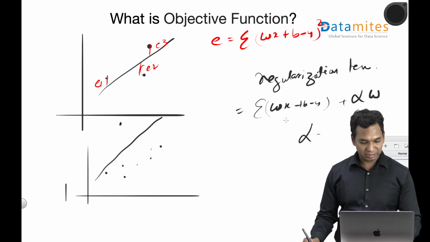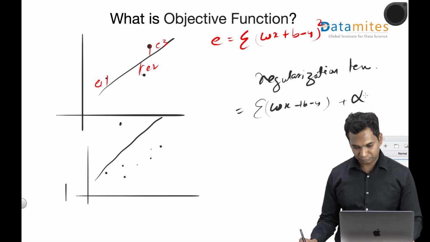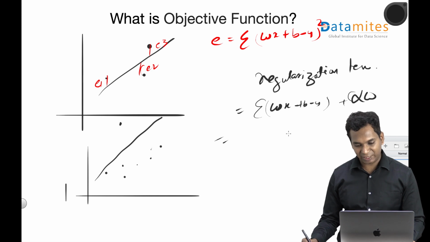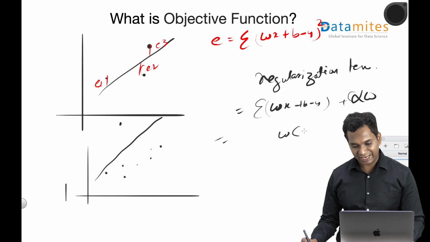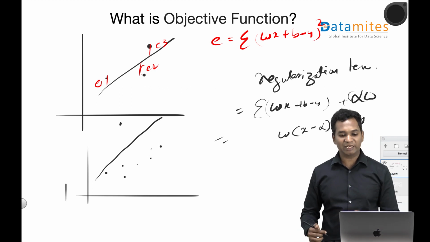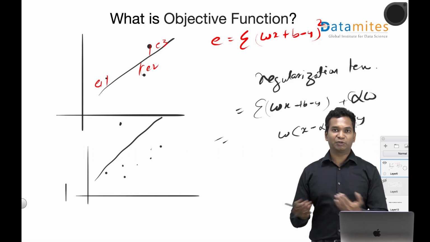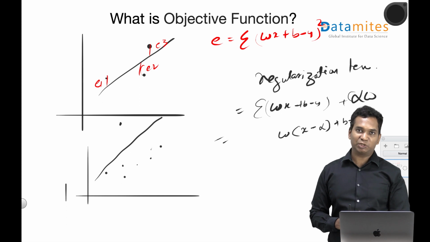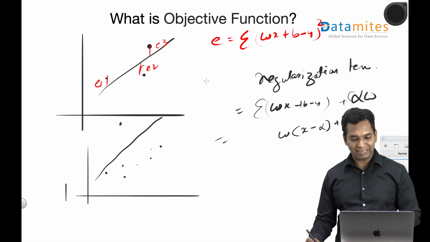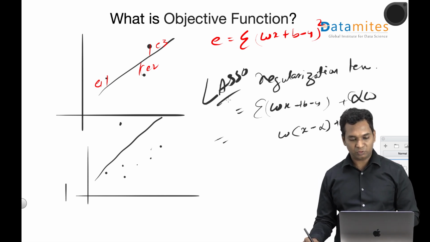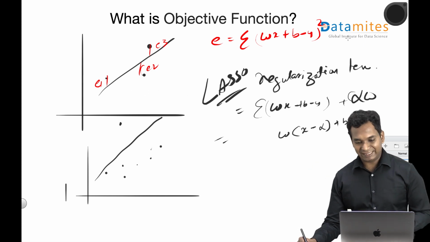Essentially the algorithm becomes like this. You have W into X plus B minus Y, plus alpha into W. So you actually control the W value through the alpha value, so that you can control the slope of the line equation. This is actually called lasso regression. So you're basically adding one more term.